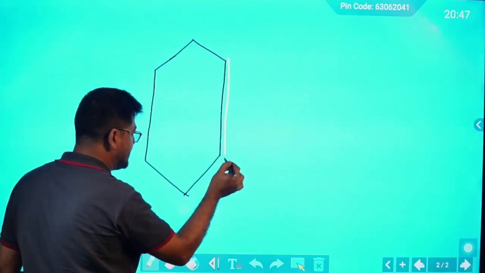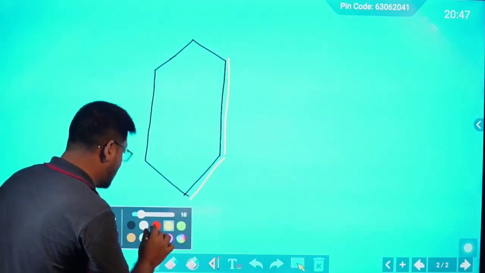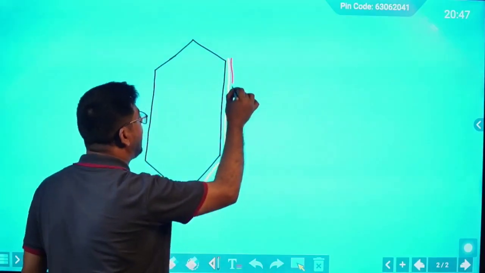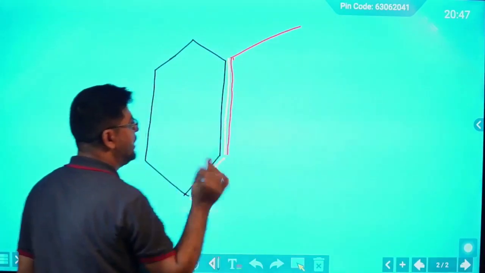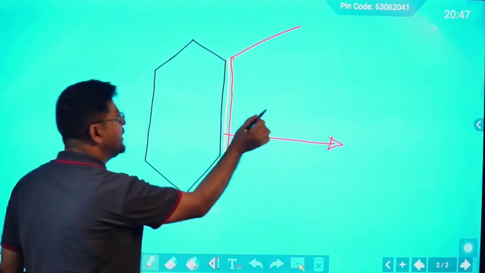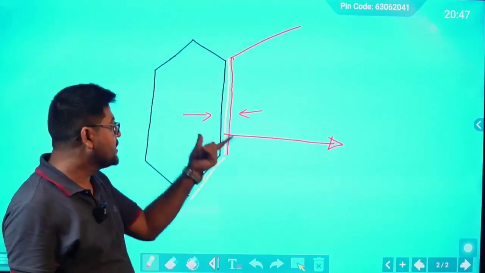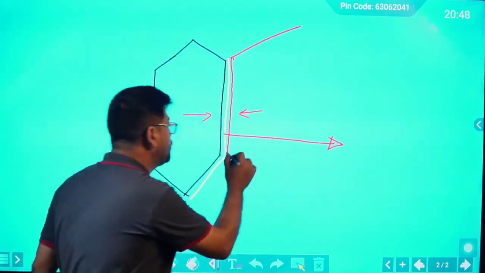You can say it is the cell wall. Look, when you are observing a multicellular organism, there will be another cell beside it. That is why it is another cell. So the cell wall always remains present between the cells as a common lining. Okay, so the cell wall is the common layer of two cells.